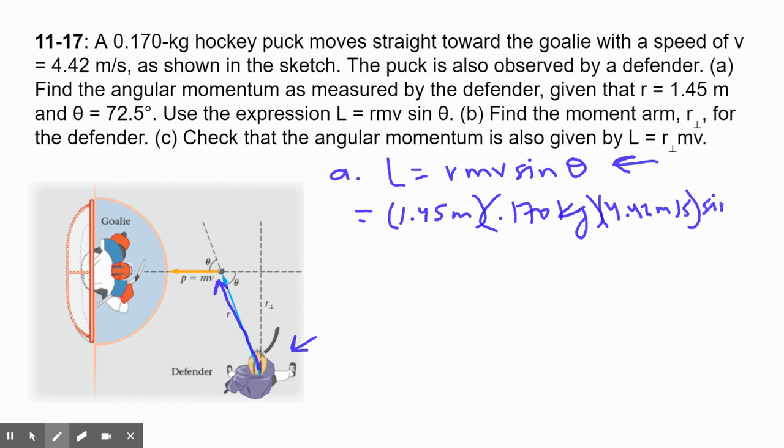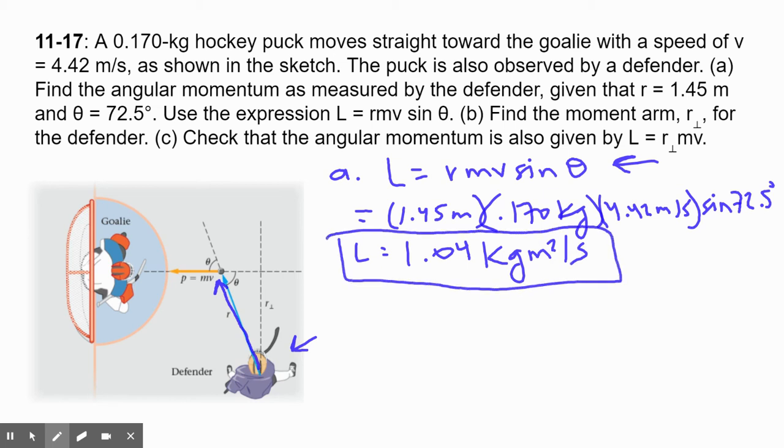And then we have the sine of 2.5. So when you do this math, you should find that the angular momentum as measured by the defender would just be 1.04 kilogram meters squared per second. So there is part A. Okay, part B.